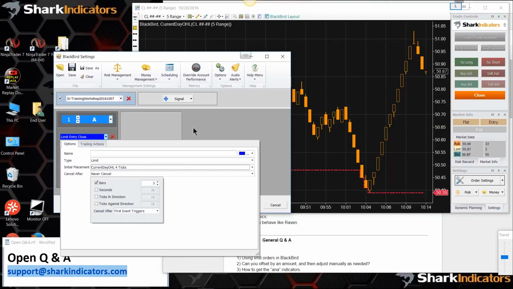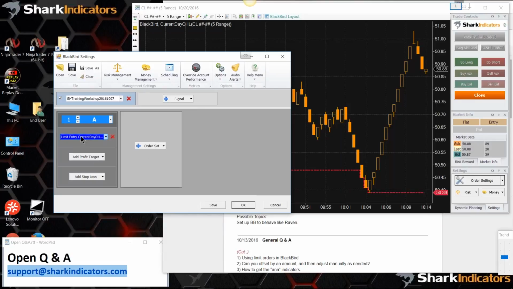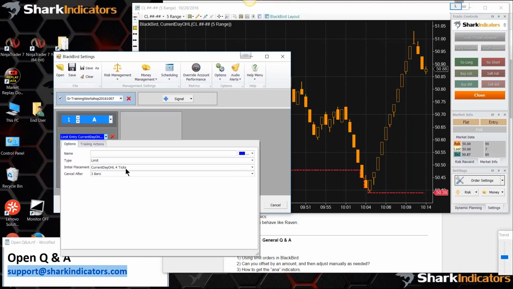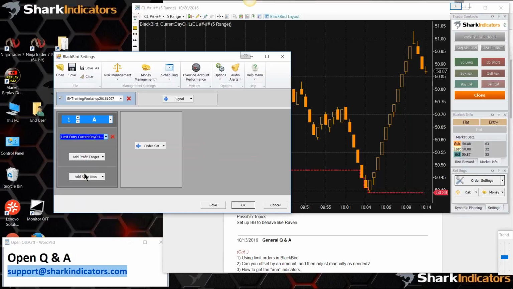All right, so that should take care of the entry there. Pretty straightforward, pretty simple. So Bloodhound's going to provide the signal, and then this limit order, we've actually set what price the limit order is at. So, okay, now the next part is the profit target and the stop loss.